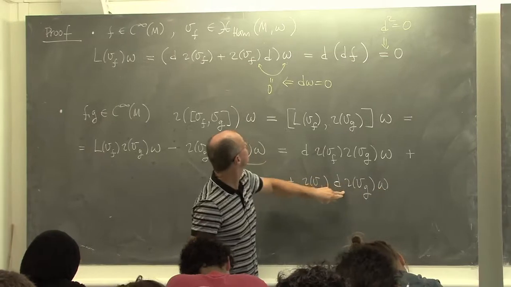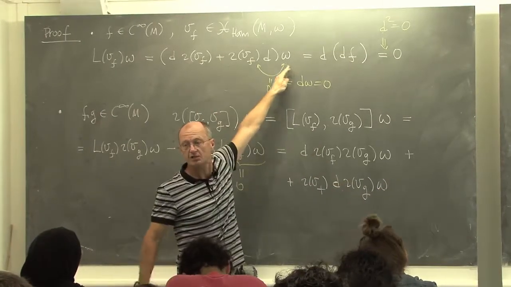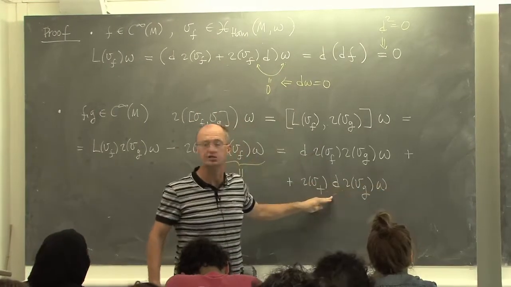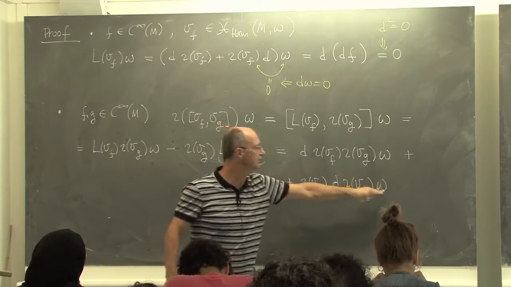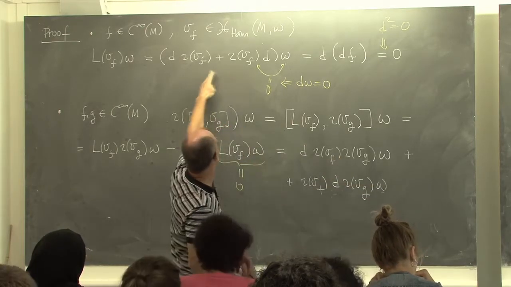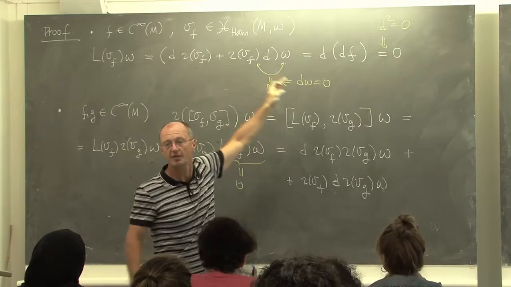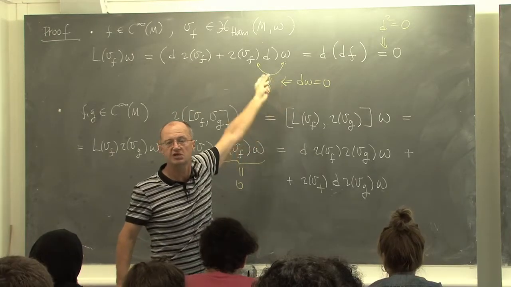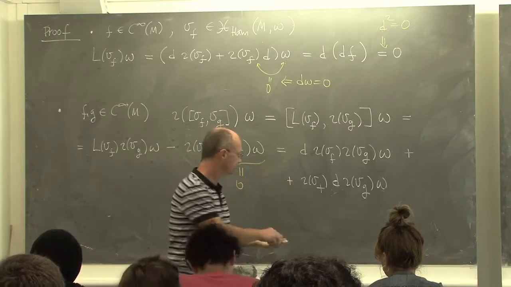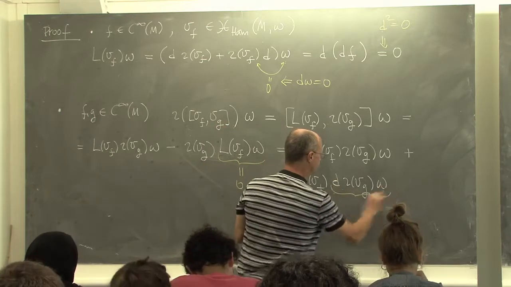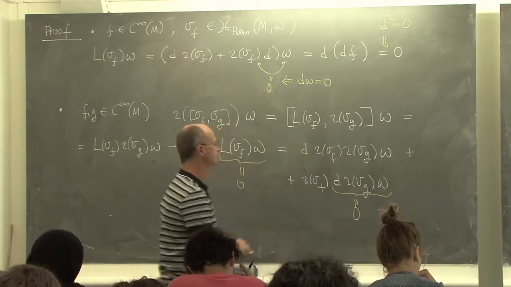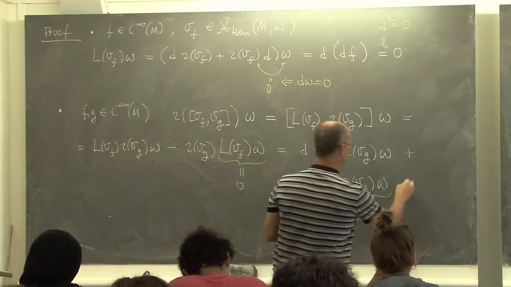And this is 0 because, you know, we just computed something which is exactly like this, right? d of iota Vg omega. So here we computed d iota Vf omega, and it was 0, just some lines above. So this is actually 0.